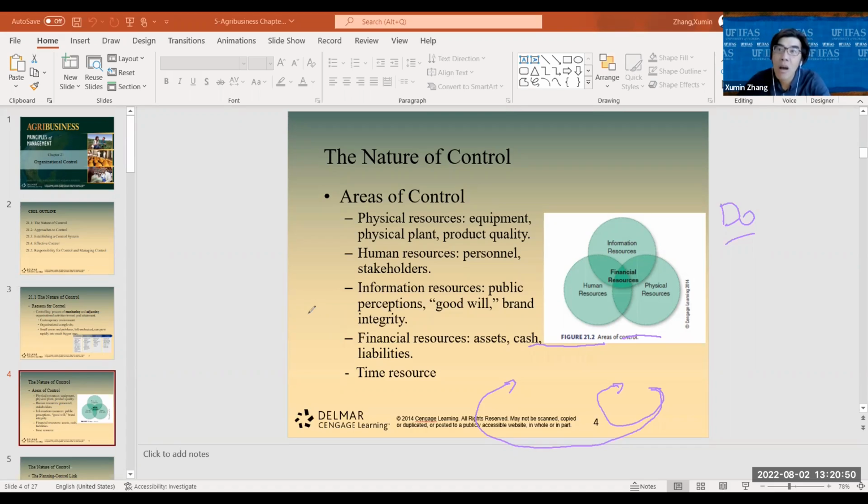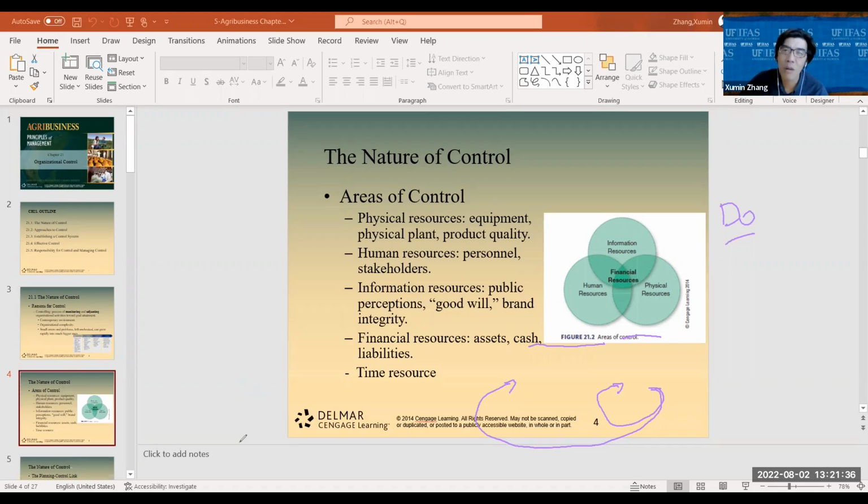So we need to control this information resource, not only how we collect the information and data, but also how we can maintain it. This is from information in and then information out. How is our company perceived by the customer, by the regular public? What is our image? What is our reputation?